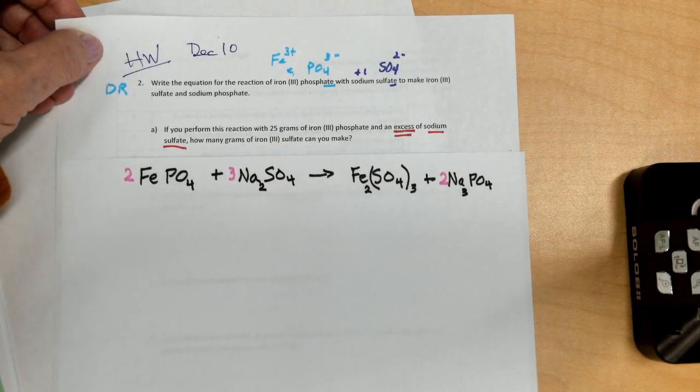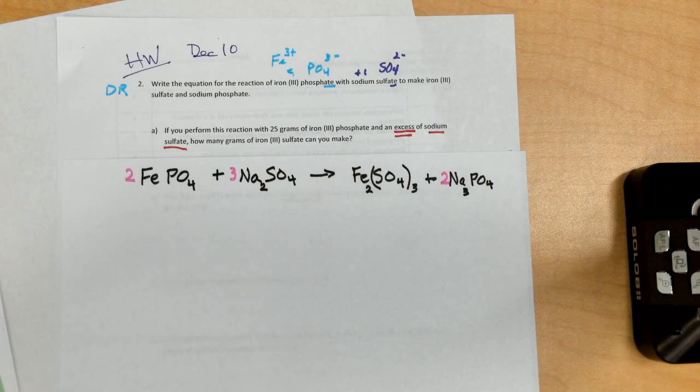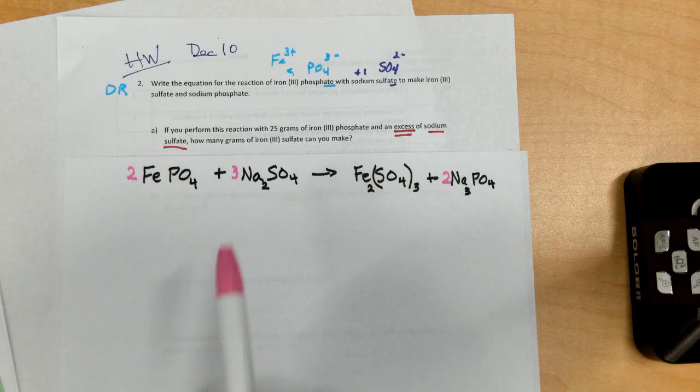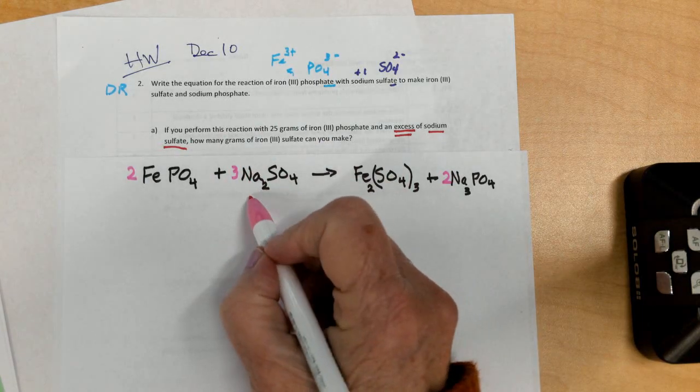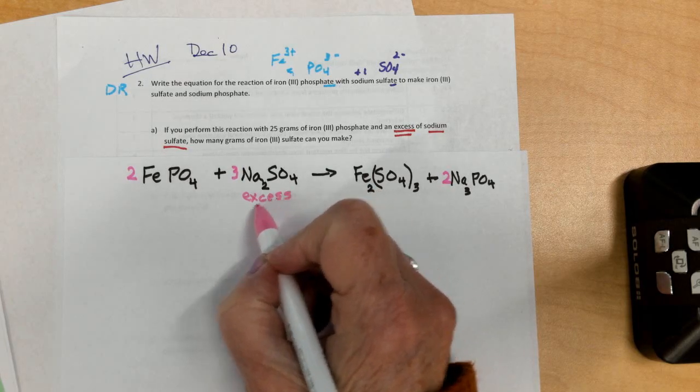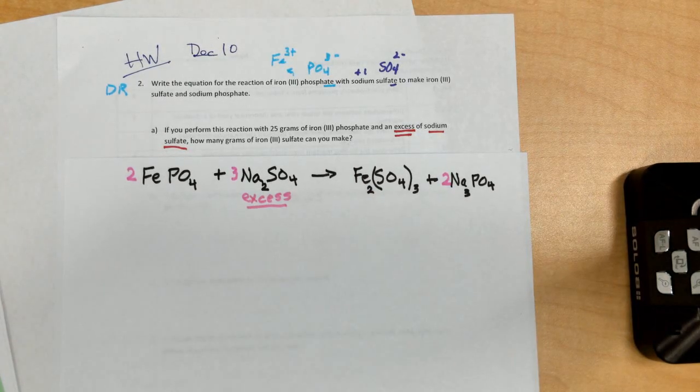If you perform this reaction with 25 grams of iron 3 phosphate and excess of sodium sulfate, so you have excess, you have more than enough. This is in excess. If that one's in excess, you're not going to use it all up.